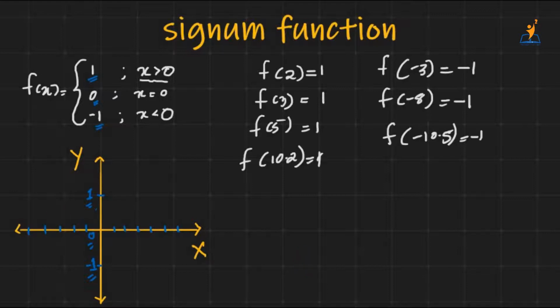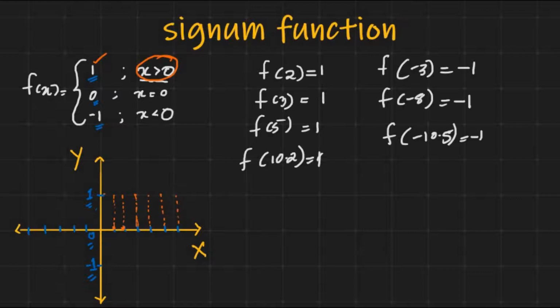Now, let us look back at the definition. For any number greater than 0, the output value will be 1. That is, if the input value is this point, then the output value corresponding to that number will be 1. Again, if the input value is this point, it is greater than 0, so the output value will be 1 again. Any real number in this direction, to the right side of 0, will result in an output value 1.